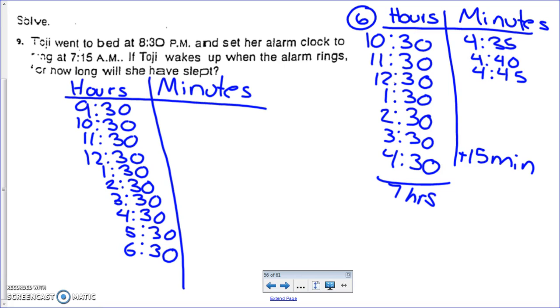Okay, and if we look there, if we count up, we have 1, 2, 3, 4, 5, 6, 7, 8, 9, 10 hours total there. Now we need to go from 6:30 to 7:15, and because it's a nice even chunk, we can count in chunks of 15. So we're going to go from 6:30 to 6:45, 7 o'clock to 7:15.